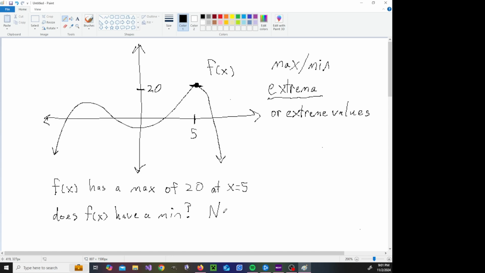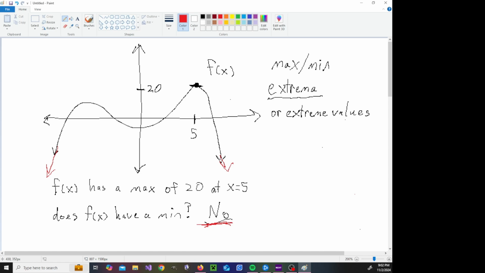And we would say no, because we can interpret by the arrows, not only all the way to the left, but also all the way to the right, that the function is going to keep going lower and lower and lower. So for any value that you give me, maybe negative 10 billion, I know I'm going to keep going lower. I'm going to have negative 10 billion and 1. So there is no minimum value, which we can see visually just by looking at this graph.